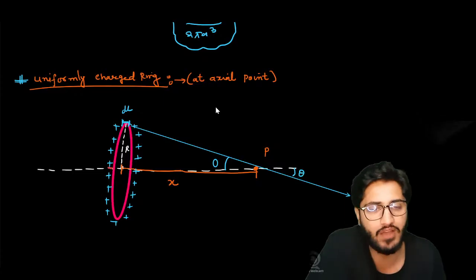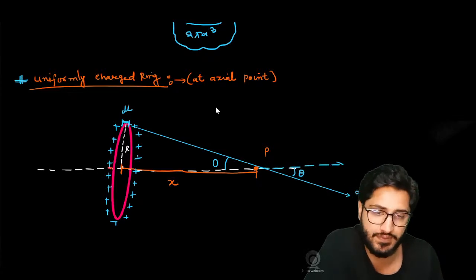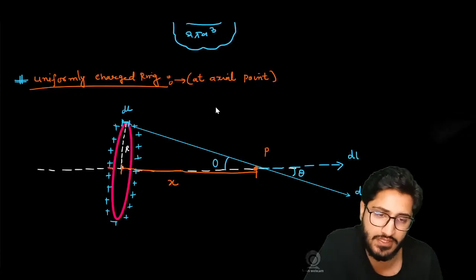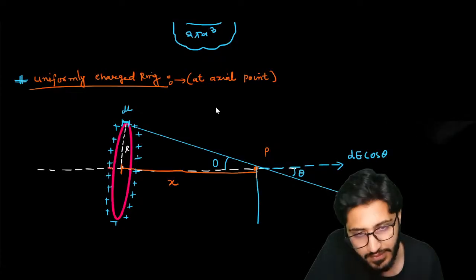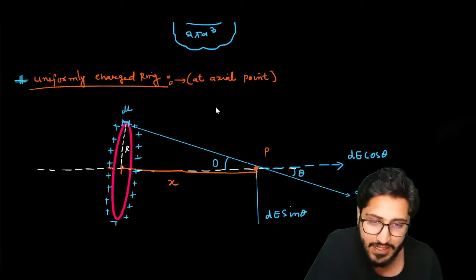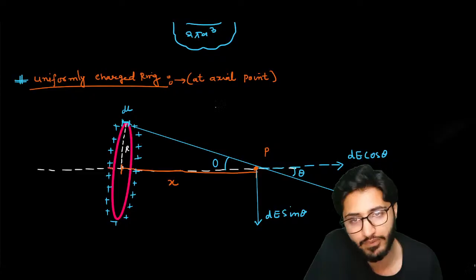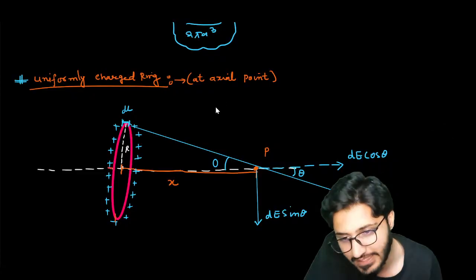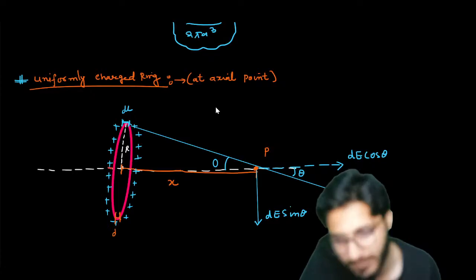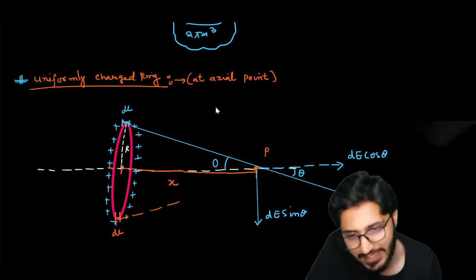Whenever we have any vector between any axes, we need to resolve it into components. So this is dE. This component would be dE cos theta, and this one dE sin theta. It is a symmetrical body, so I will take one more element here with the same angle and same length dl. It will also act the same.